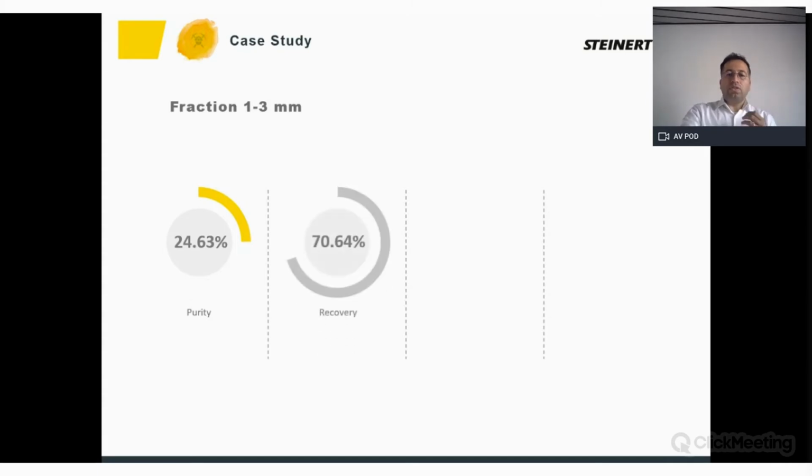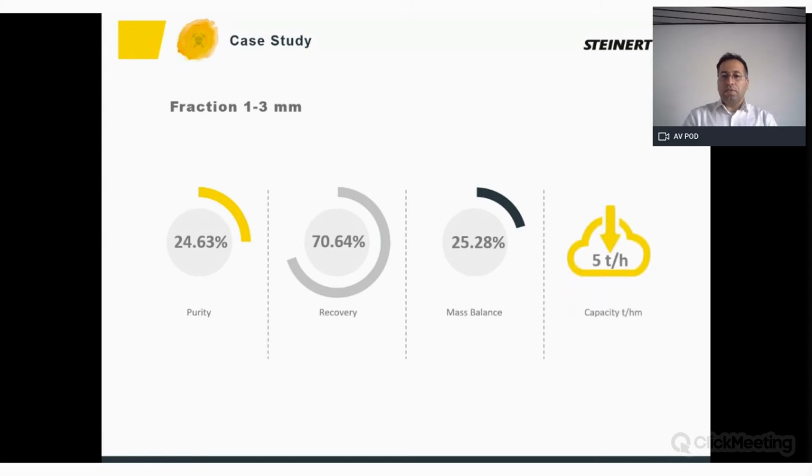In the recovery, we could recover 70.64% of the total manganese, and the mass balance of the product as a manganese concentrate with this purity and recovery was 25.28%. And the capacity of the machine was 5 tons per hour per meter. It means per meter, we can manufacture the machine in smaller size, in half a meter, and even a little bit bigger, in 1.5 meter.